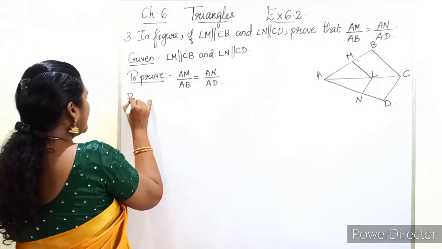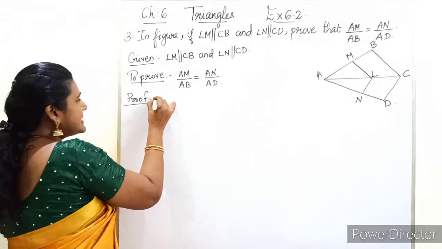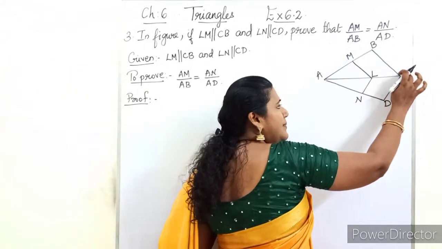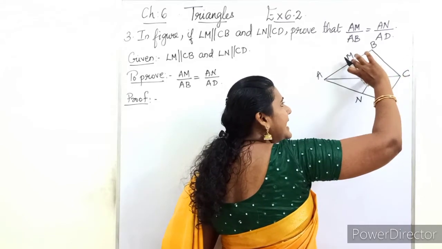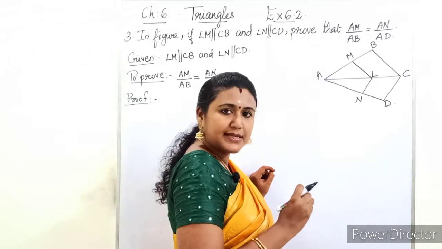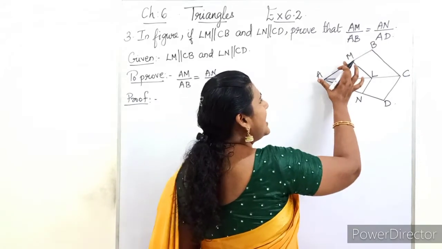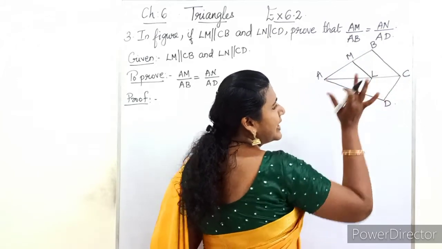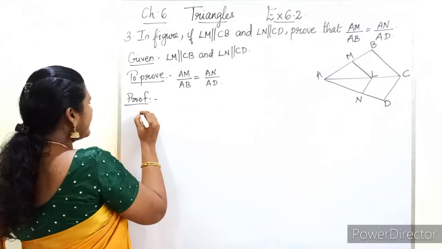Now we will see the proof. First we will consider this triangle ABC. In this triangle ABC, the line LM is parallel to BC, so using the basic proportionality theorem, we can write AM by MB is equal to AL by LC. So that we will write first.